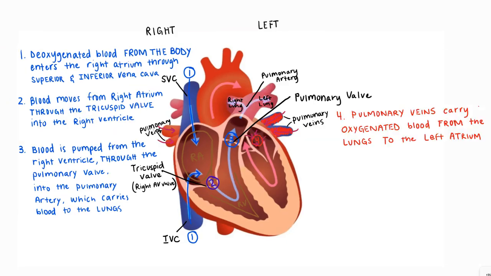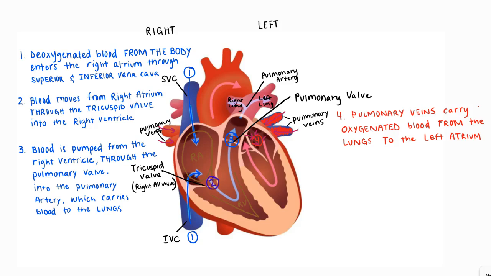Okay, from step 3, when the blood was taken to the lungs, the carbon dioxide that was in the blood is dropped off in the lungs so that it can be exhaled, and oxygen is picked up from the lungs upon inhale.